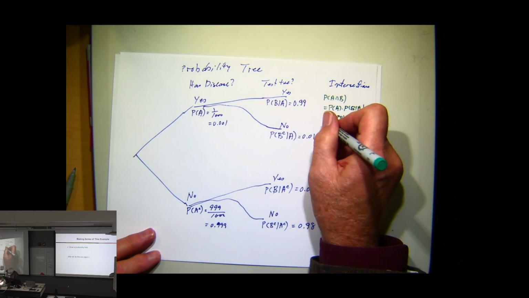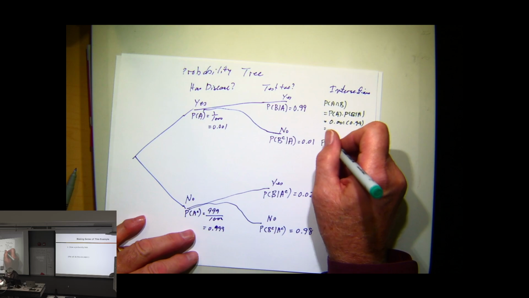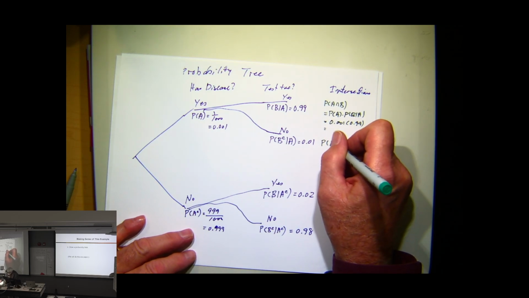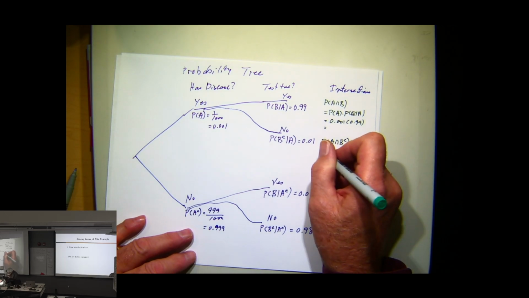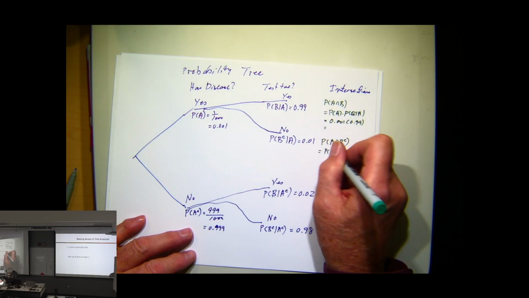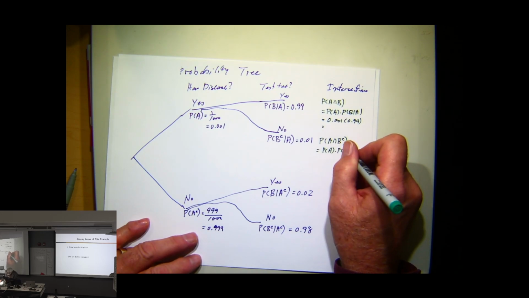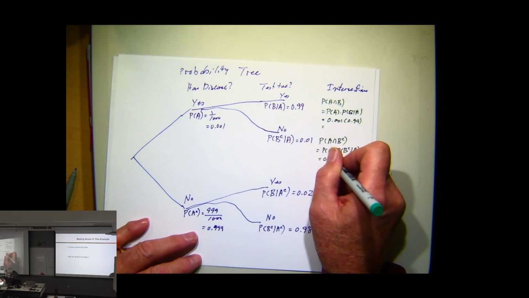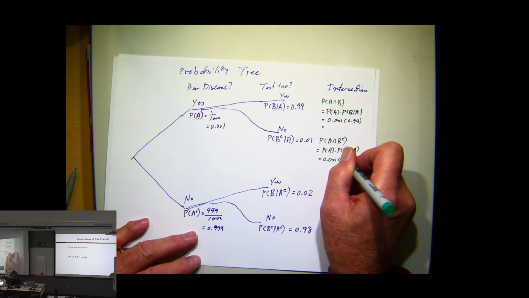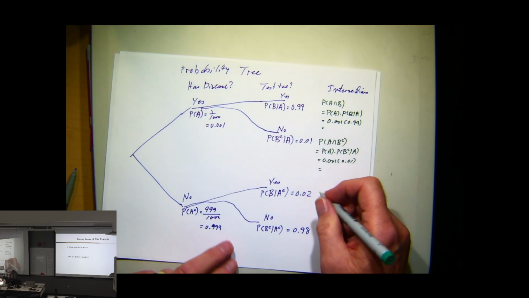There is a number to work out. And this one here is going to be the probability of A intersect B complement. And we're going to take the probability of A times the probability of the B complement given A. And we're going to take 0.001 times 0.01. That's an answer.